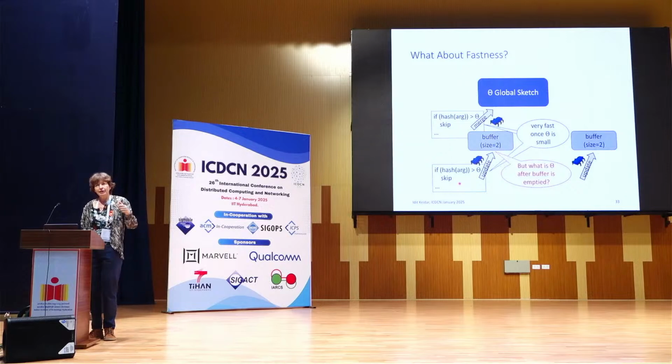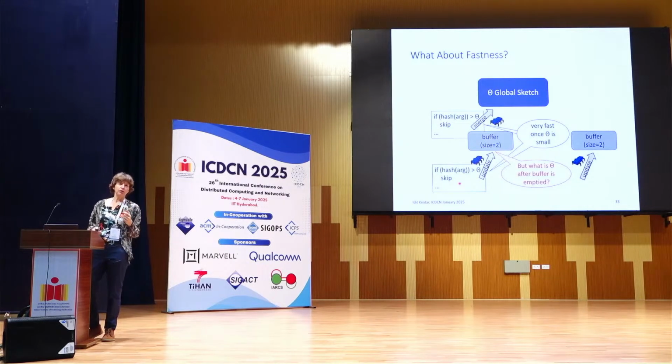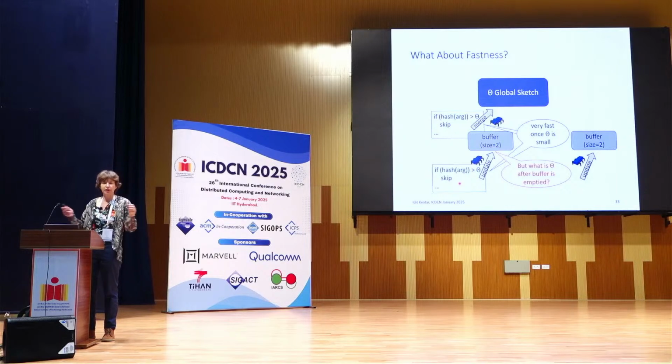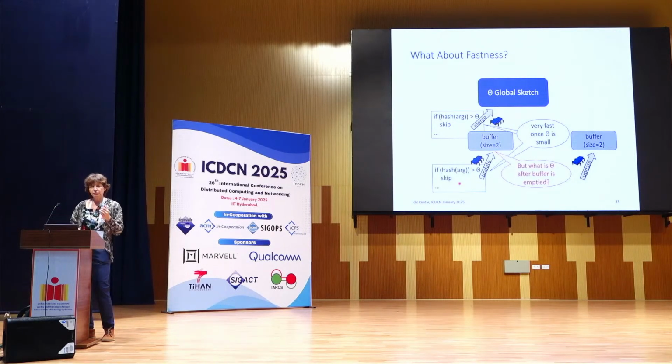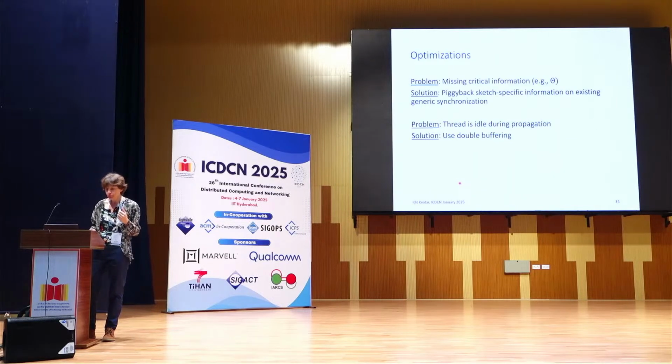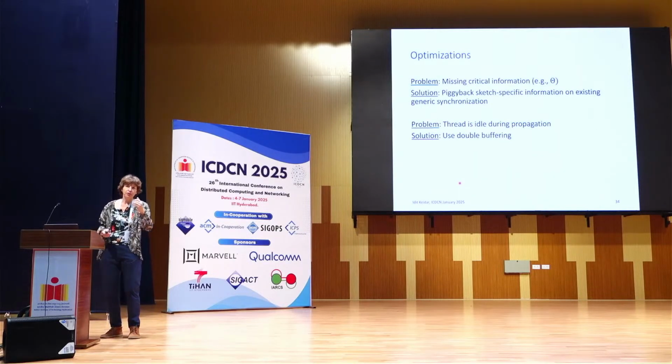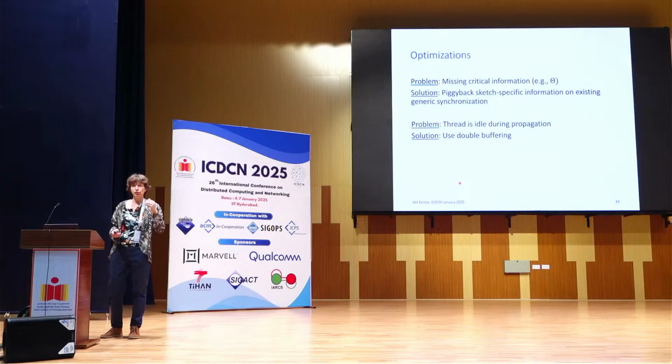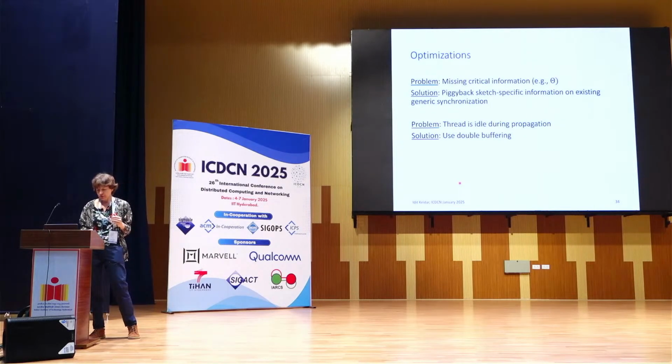And beyond that, we want to learn from the global sketch, because the global sketch's theta is going to become smaller faster since it has many local sketches. So what we add is some feedback from the global sketch to the local sketches, to tell them the current theta, so the local sketches can filter with the theta of the global sketch. That's one optimization we add.